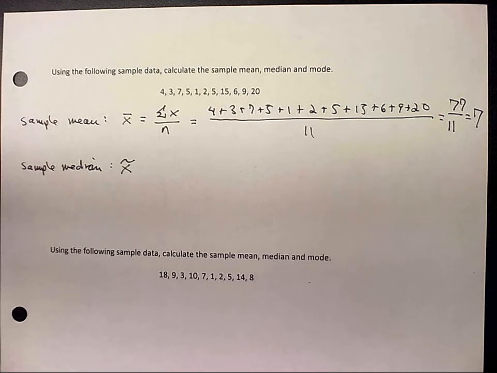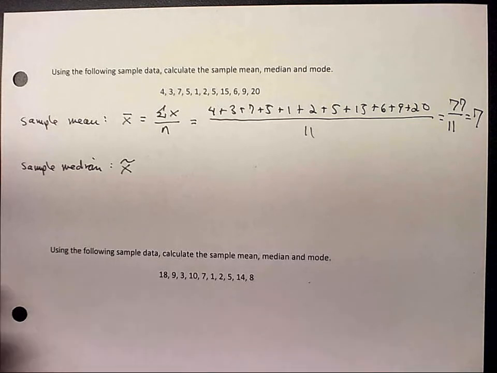So do we have an even or odd number of things up here? Odd, right? We already said that we had 11 of them. So if we have an odd number of values, what are we looking for? The number in the middle, but after what? After it's in numerical order. So therefore, our first step is to do what? Put them in numerical order.